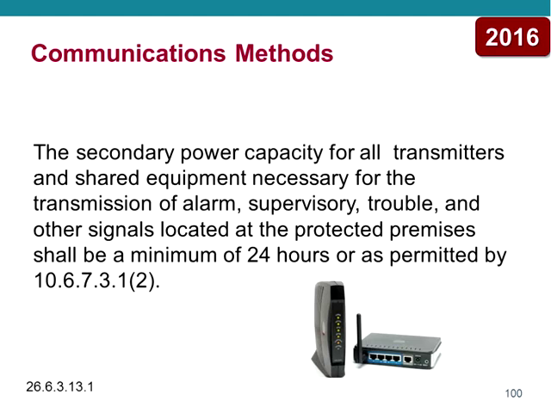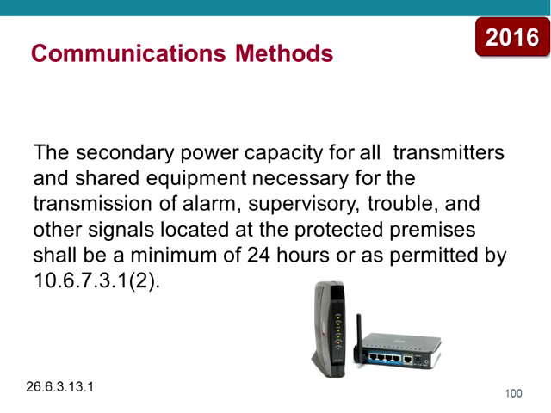The secondary power capacity for all transmitters and shared equipment basically has to have 24 hours of standby power, and that's clear in 26.63.13.1, which refers us back to Chapter 10. So I have to have 24 hours of standby power for my routers, my modems, whatever else I'm using in the path between me and that service point for the service provider.